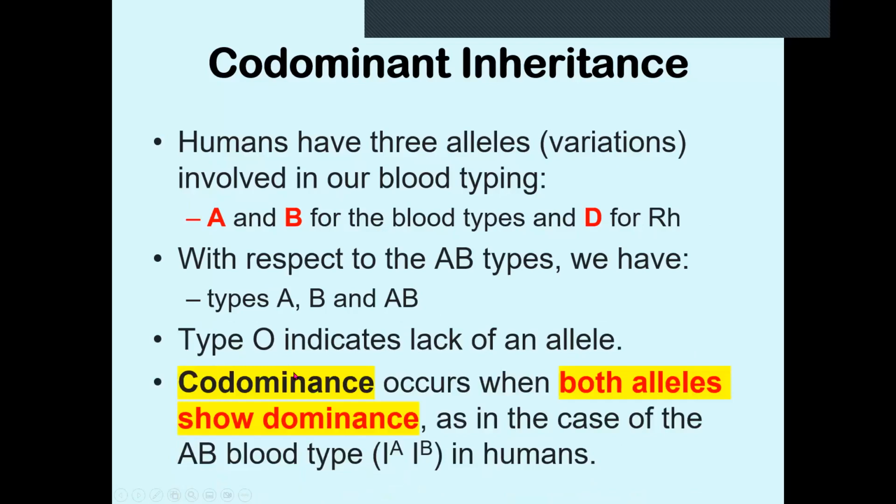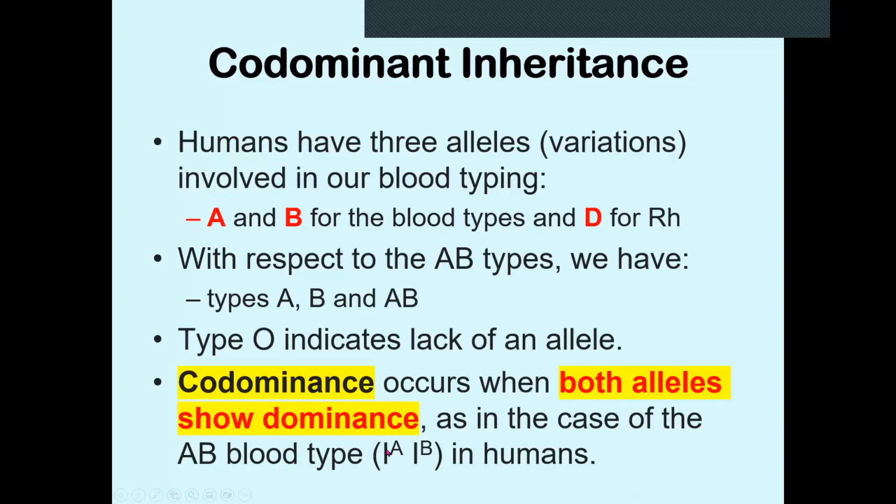With codominance, both alleles show dominance, as in the case of the AB. Now, with codominance, rather than just having a letter, you use a capital other letter.